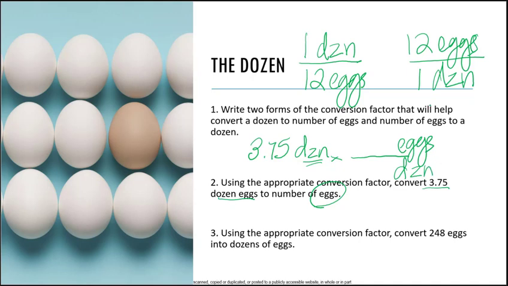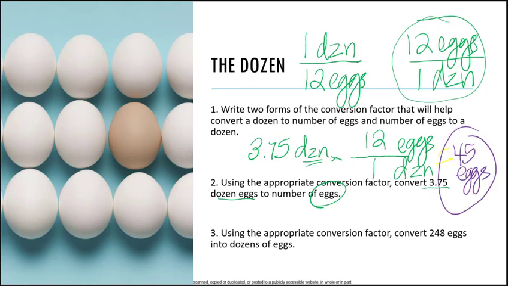So I want the conversion factor where eggs is on top and dozen on the bottom: 12 eggs, 1 dozen. Now I just need to multiply across, divide going down. So 3.75 times 12 divided by 1 should give me 45 eggs. And dozen will cancel out, leaving me with those eggs.